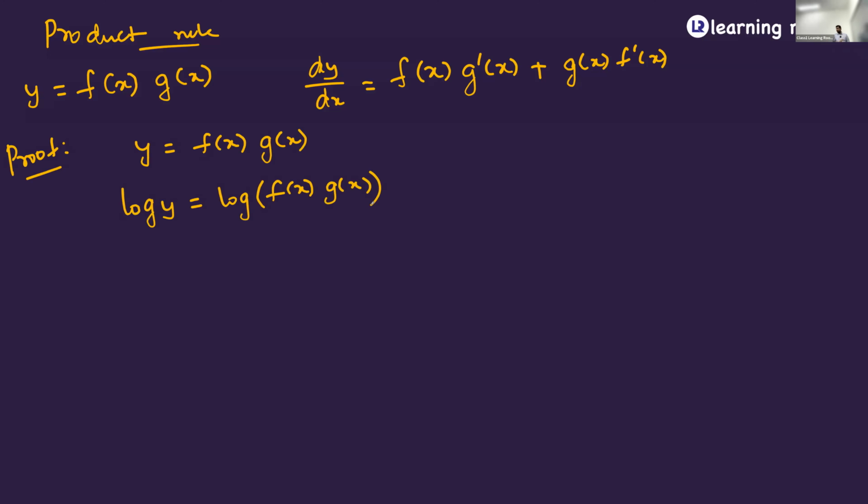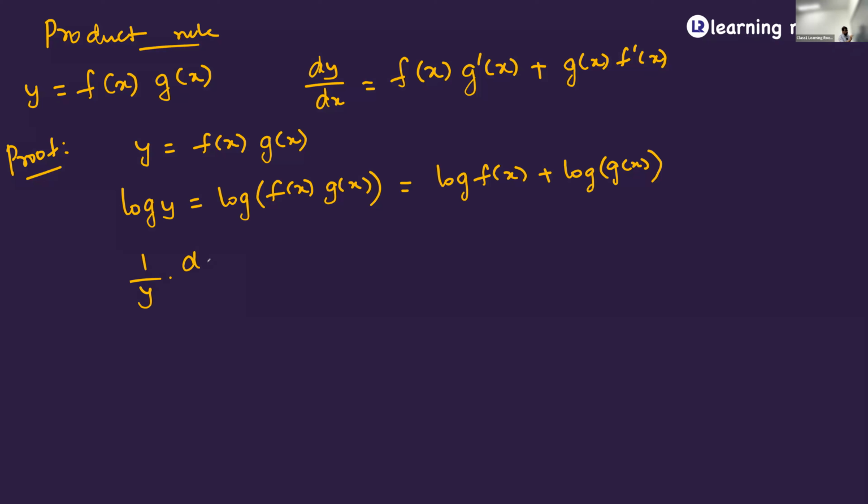Log of AB is log A plus log B, so this is log of f of x plus log of g of x. Now I'll start differentiating on both sides. What is the derivative of log y? It is 1 by y, and I need to apply the chain rule, as long as this is not x.